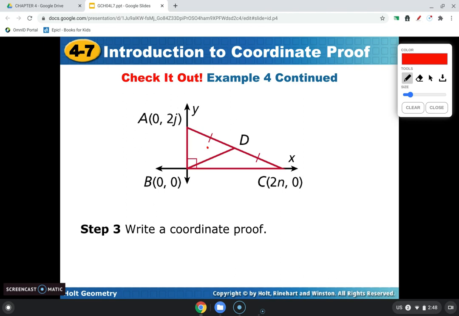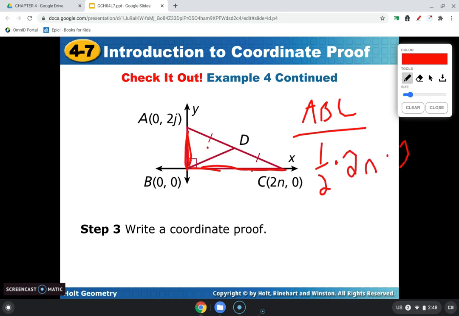Well, let's find the ABC area first. Area of a triangle is half times base. How far is it from here to here? That would be 2n times height, there to there, which would be 2j. The 2's cancel, and that gives you 2jn for ABC.